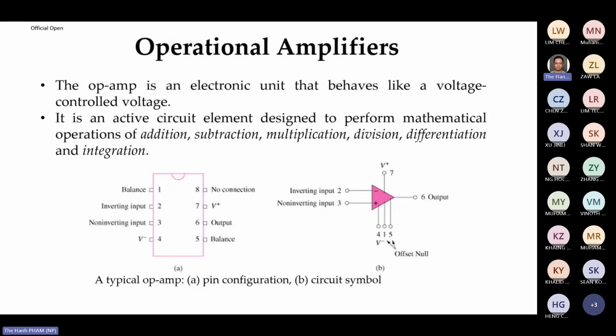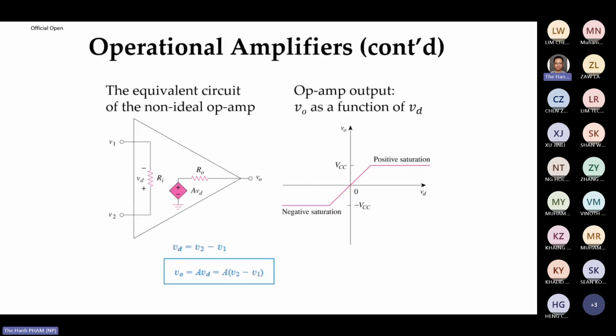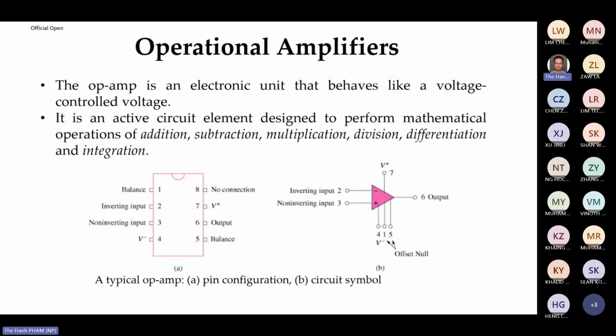We look at the op-amp in combination with other elements to form the whole circuit, the whole system. These few slides are just to remind you: the op-amp has two input terminals, inverting and non-inverting, and one output. Op-amp is an active element because it can provide gain.